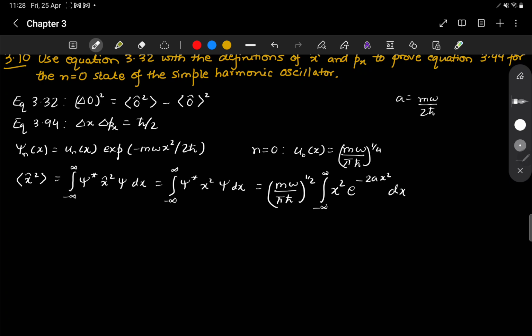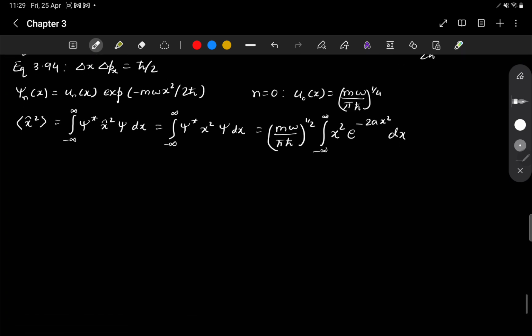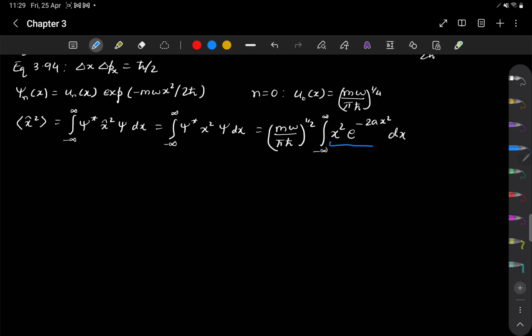So this is the integral that we need to evaluate. Now this is an even function because x squared is an even function and exponential minus a constant times x squared is also an even function. So this entire product is an even function.